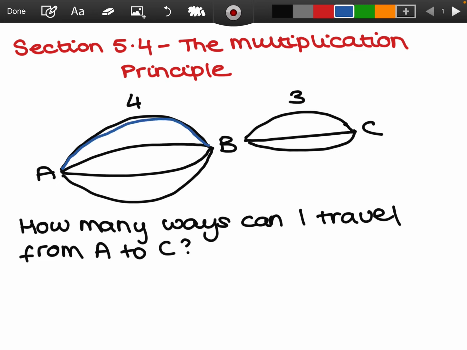Let's assume that I took this first path. I'm going to label it in blue here.